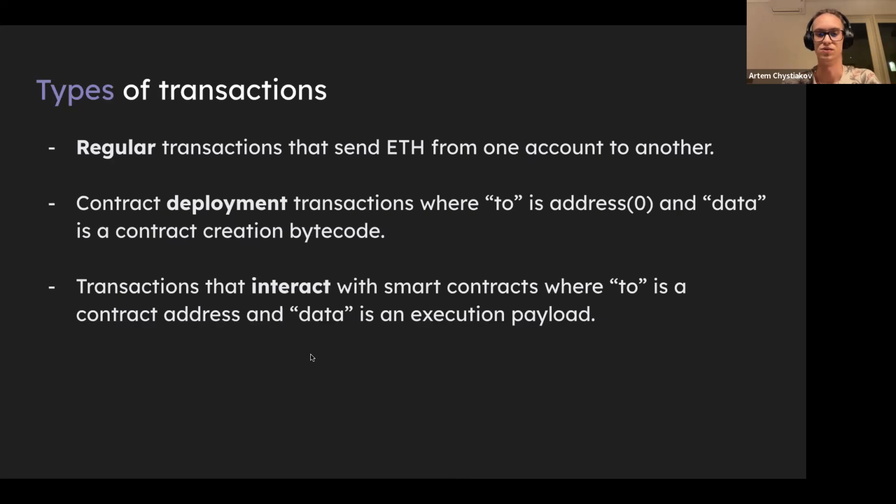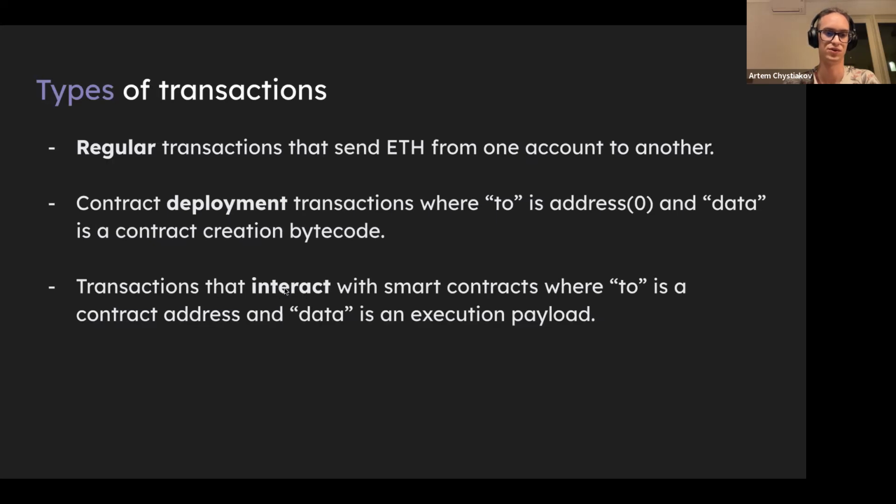This execution payload is specially encoded data, encoded with the ABI standard, the application binary interface standard, which the EVM decodes and provides to the execution bytecode of the smart contract, which further understands what to do with it, and the corresponding function is invoked.